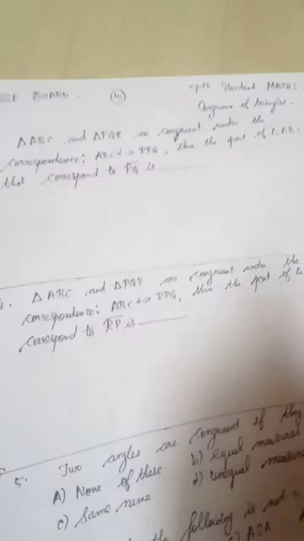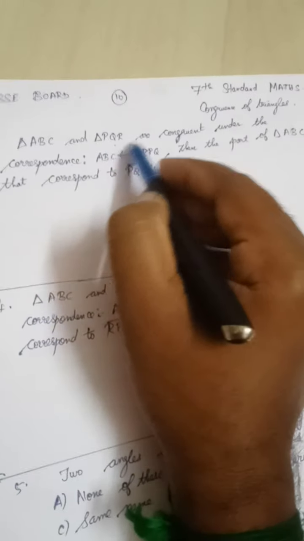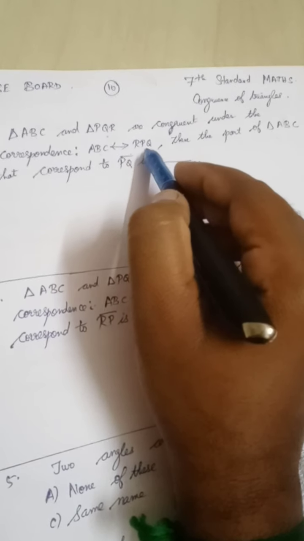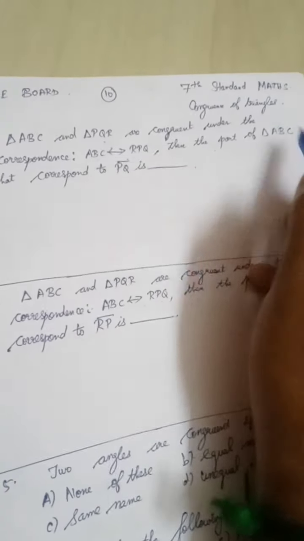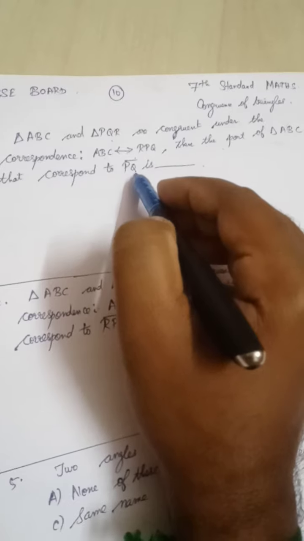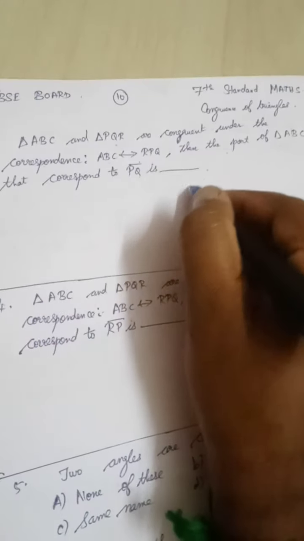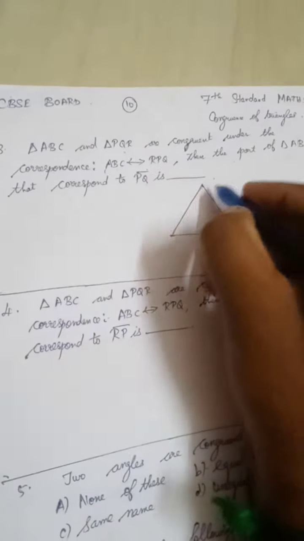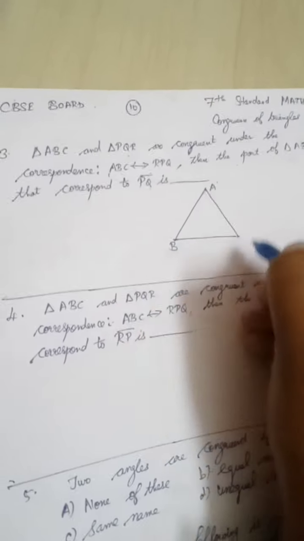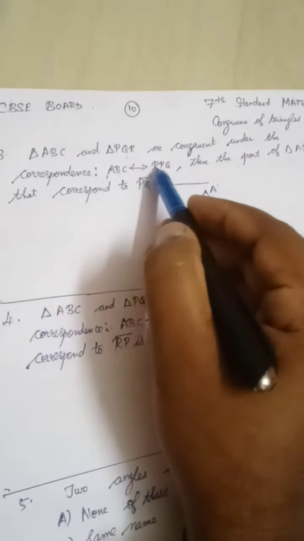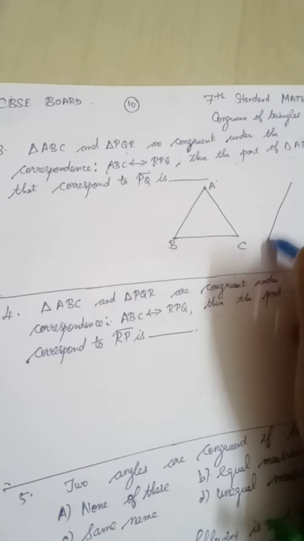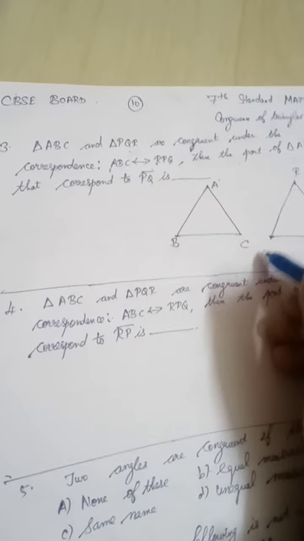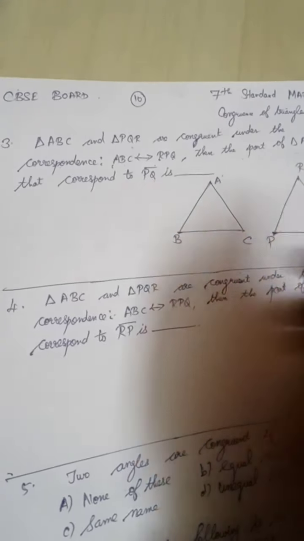Triangle ABC and triangle PQR are congruent under the correspondence ABC congruent to RPQ. Then the part of triangle ABC that corresponds to angle PQ is what? So the similarity is ABC, RPQ.